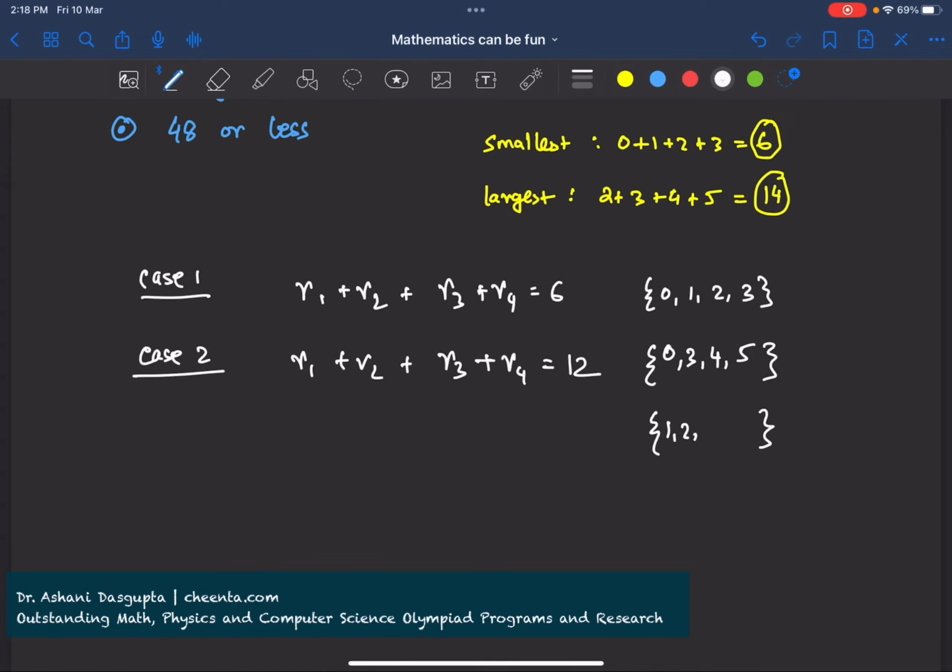Or it's 1, 2, 4, 5. So it's a little bit of calculation or observation that you will be using. So these are the only 3 cases which we will be interested in. This is case 2A and this is case 2B.